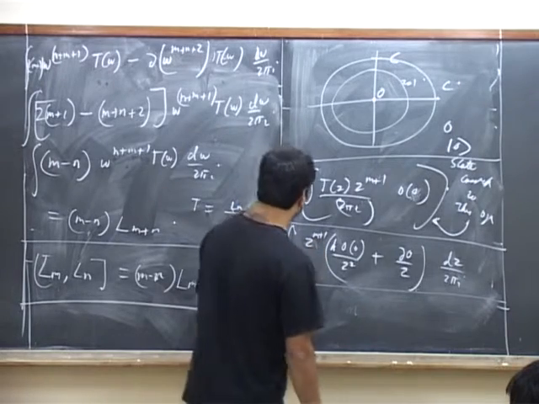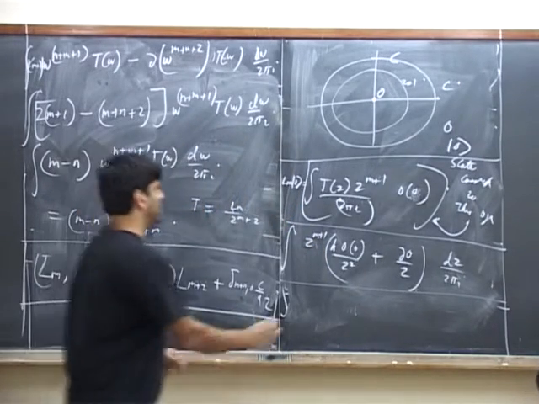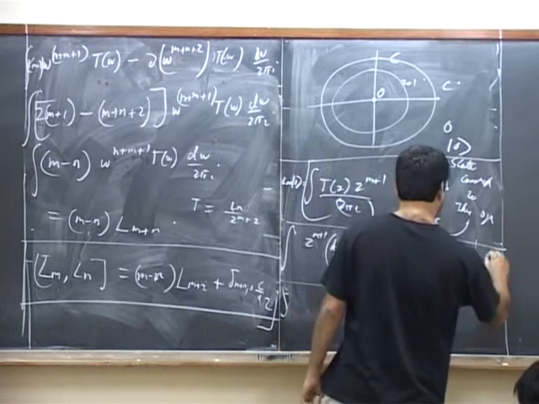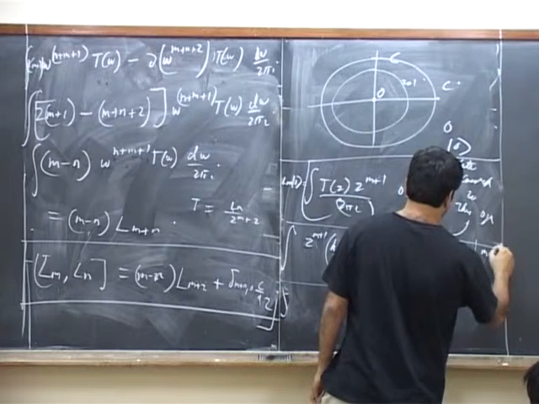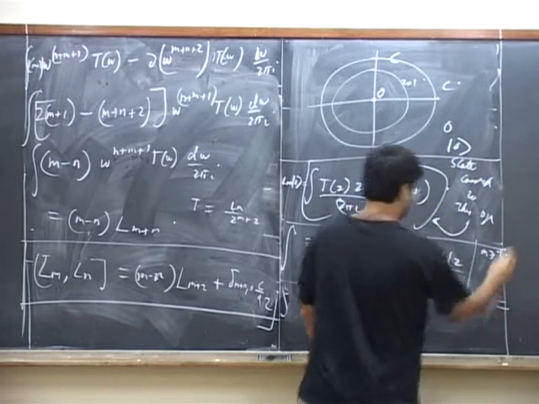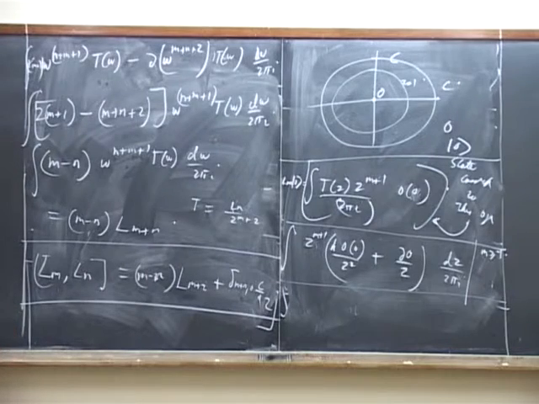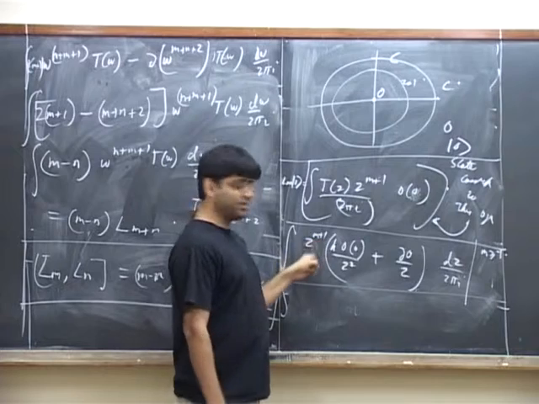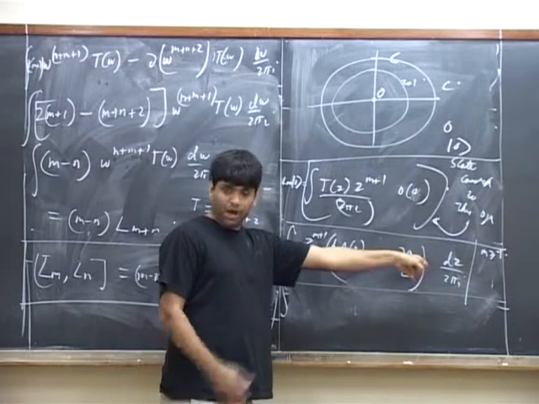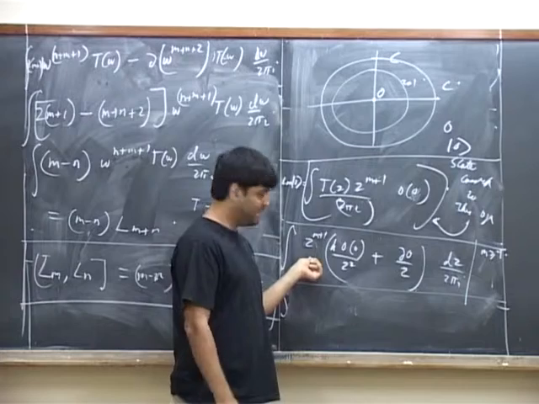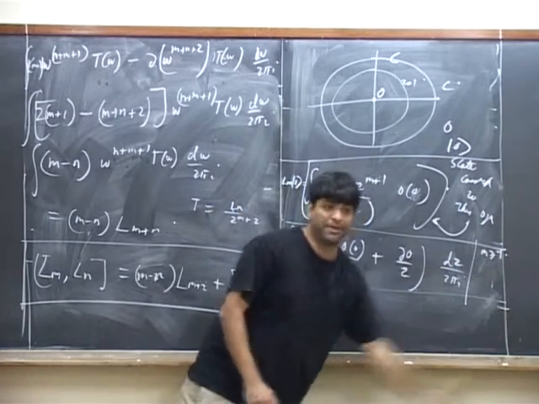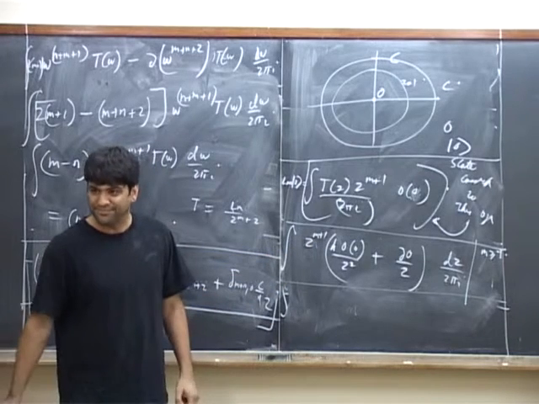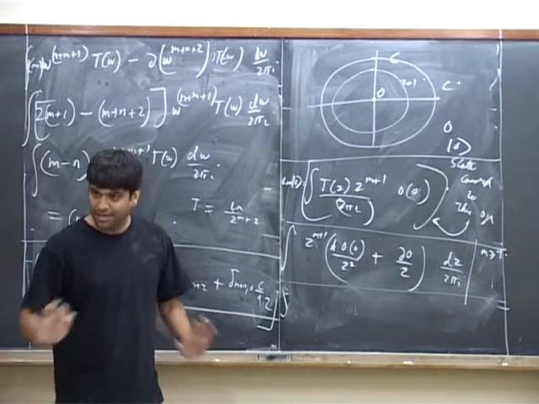Provided that I've made an assumption, this calculation is correct. It is correct provided that n is greater than or equal to minus 1. Because if n was less than that, I would get contributions involving analytic terms of the operator product, cancelling the non-analyticity of the insertion.